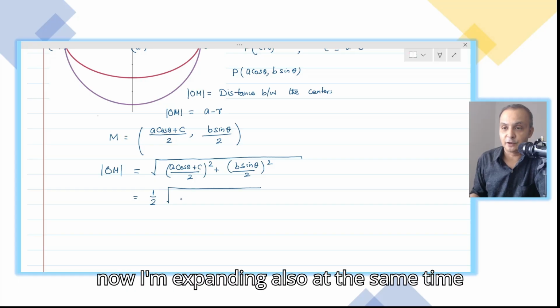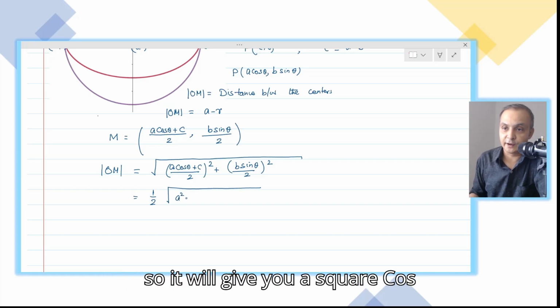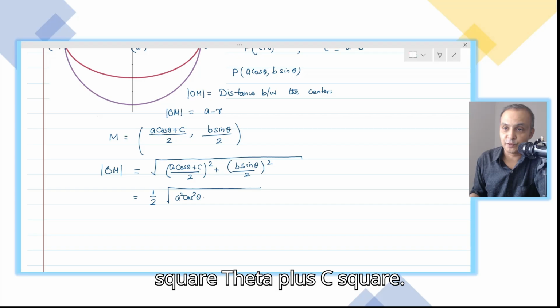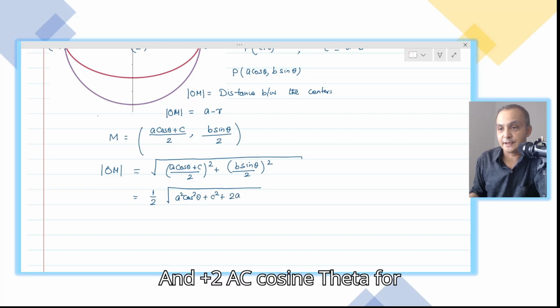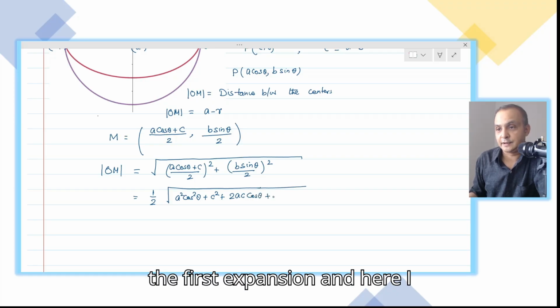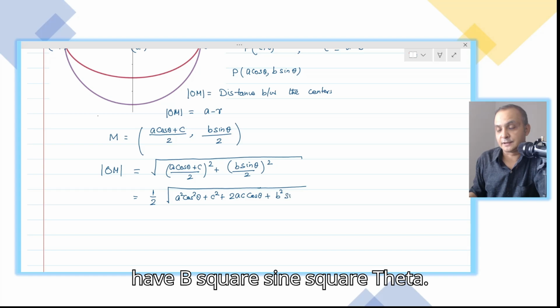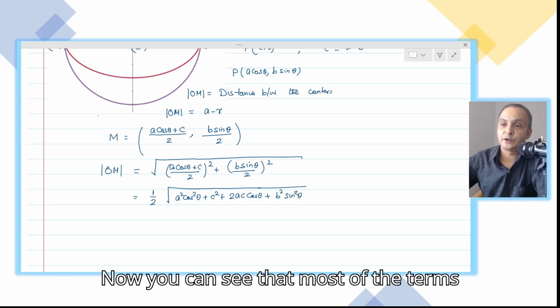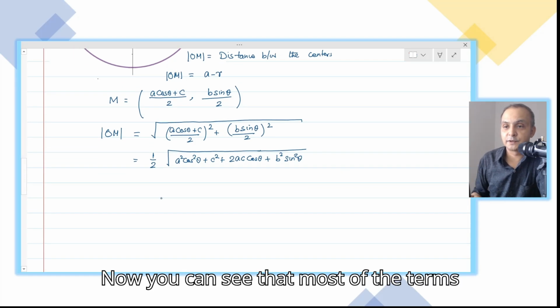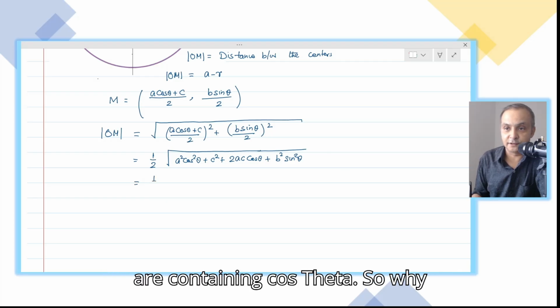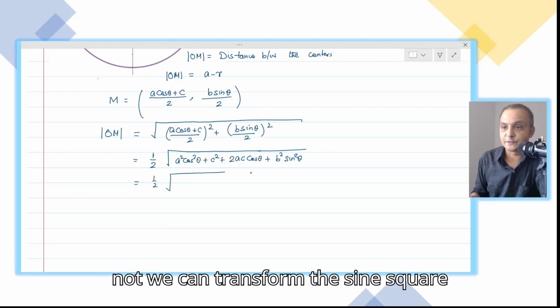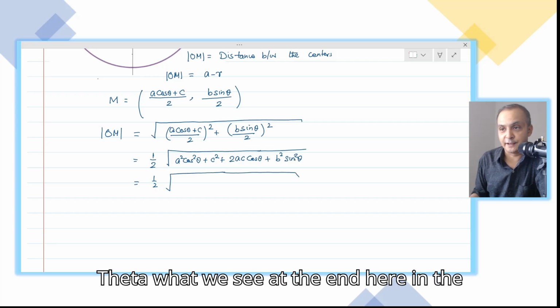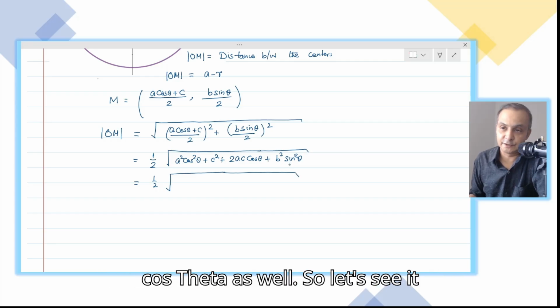Now I'm expanding at the same time, so it will give you A square cos square theta plus C square plus 2AC cosine theta for the first expansion, and here I have B square sine square theta. You can see that most of the terms contain cos theta, so why not transform the sine square theta at the end into cos theta as well.